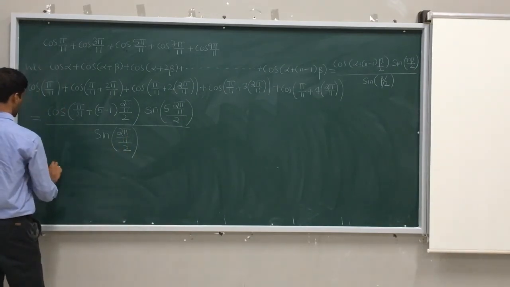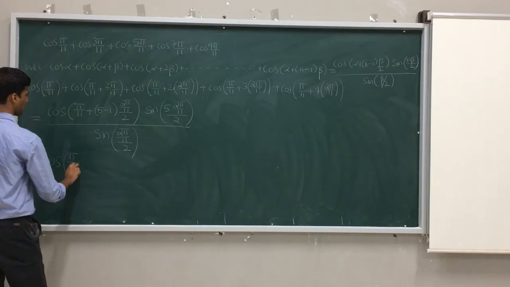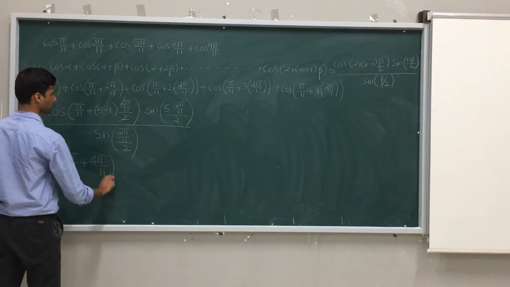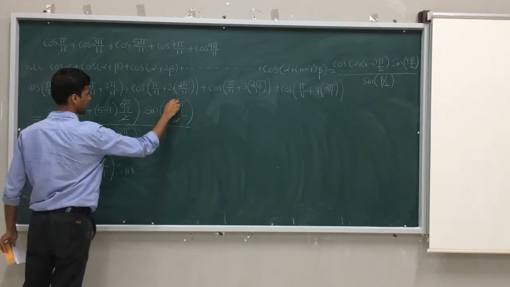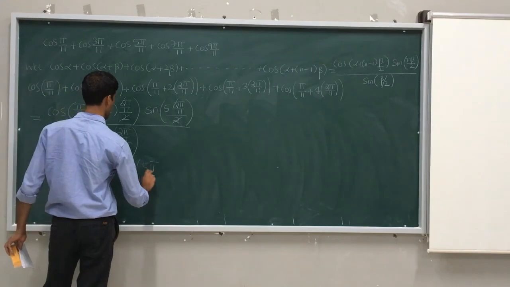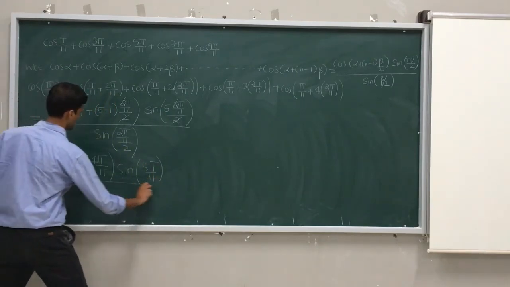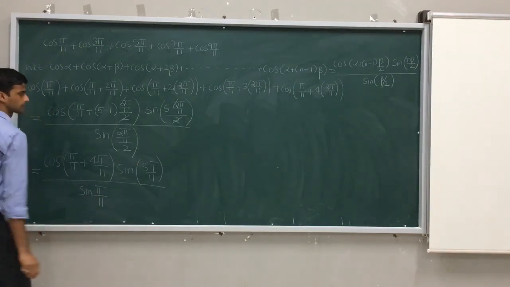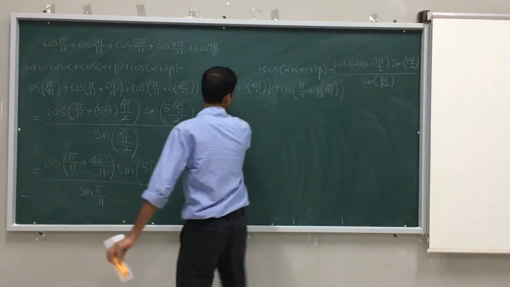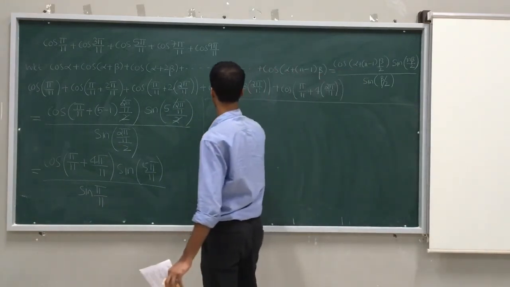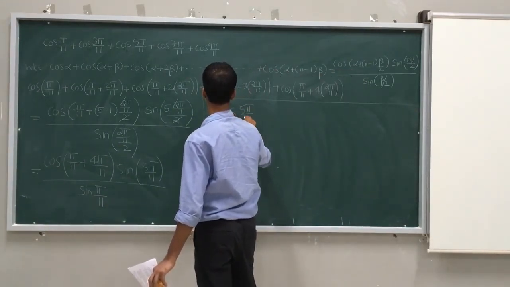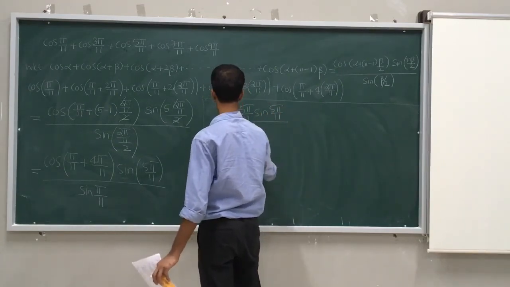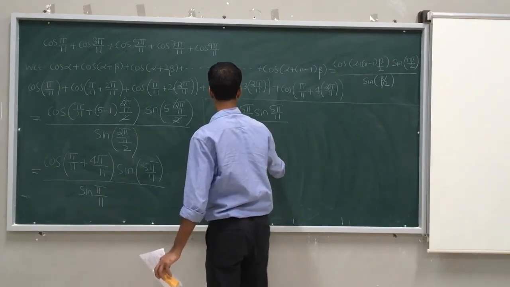So when you simplify, this becomes cos of pi by 11 plus 4 pi by 11, the 2 gets cancelled, into sin 5 pi by 11, divided by sin pi by 11. So the simplified form is cos of 5 pi by 11 into sin of 5 pi by 11 divided by sin pi by 11.